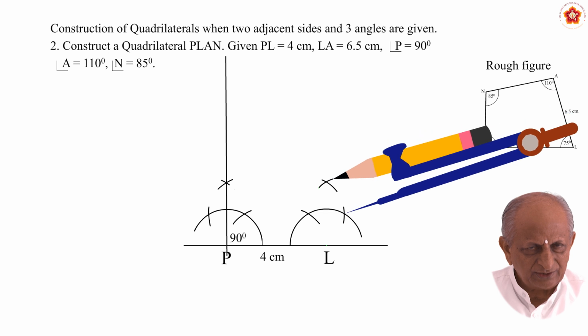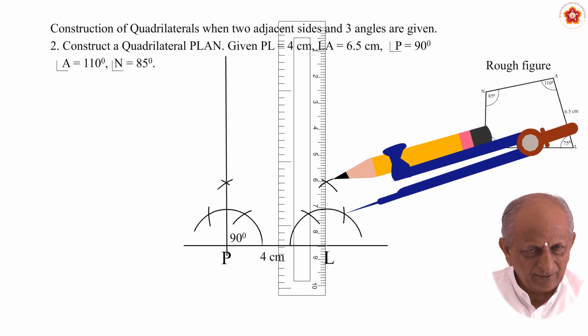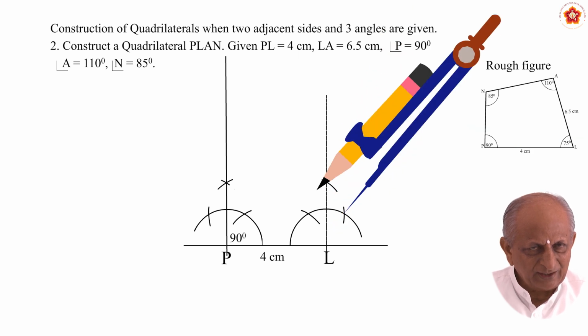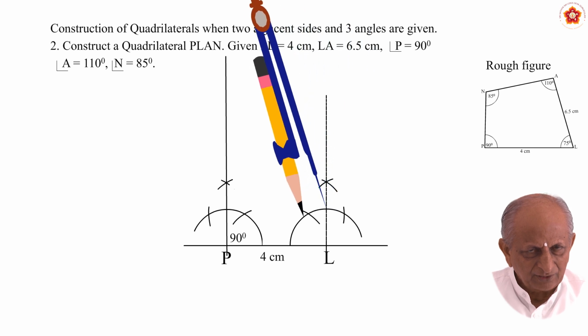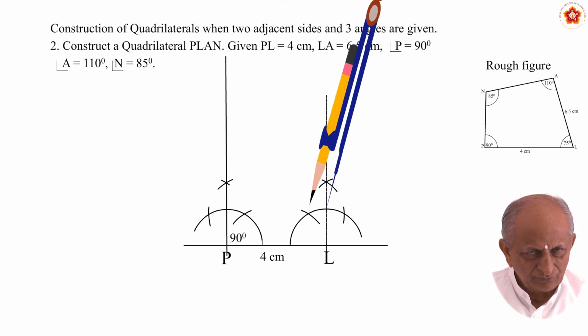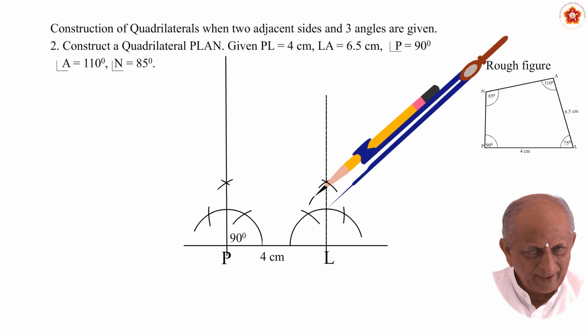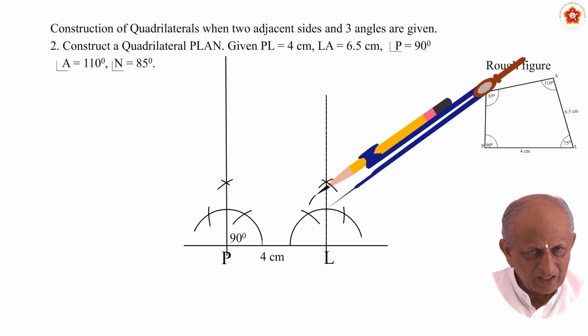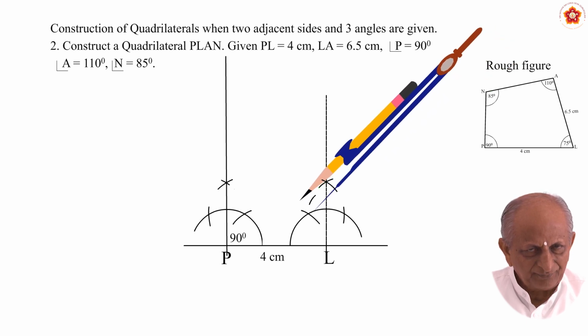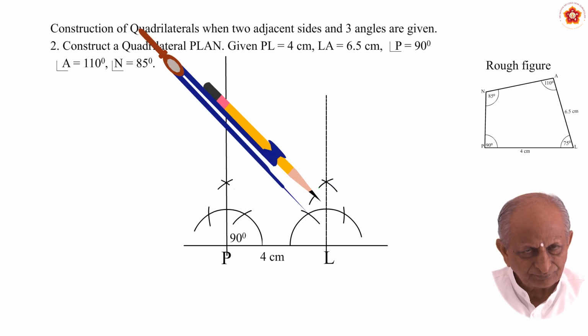Now, just as we did at P, draw a perpendicular line at L also. But it is not 90 degrees here in the case of L. So what must you do now? We have to bisect the angle. And how to do that?